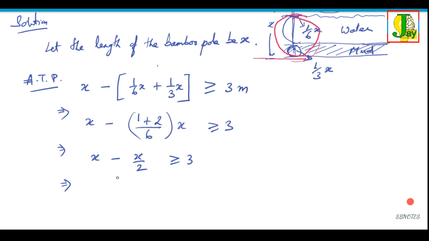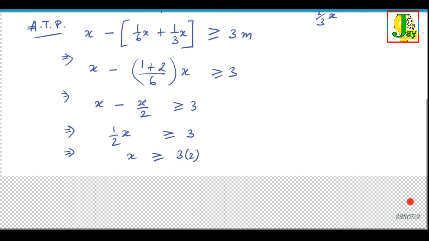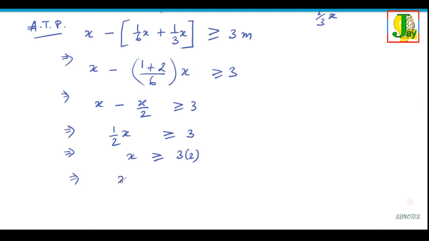Taking x minus half x, we get half x. So x is greater than or equal to 3 into 2, that's x is greater than or equal to 6. Now we have to find the shortest length of the bamboo pole. Since x should be greater than or equal to 6, the shortest length of the pole should be 6 meters.